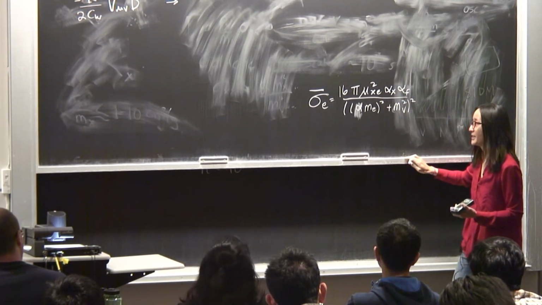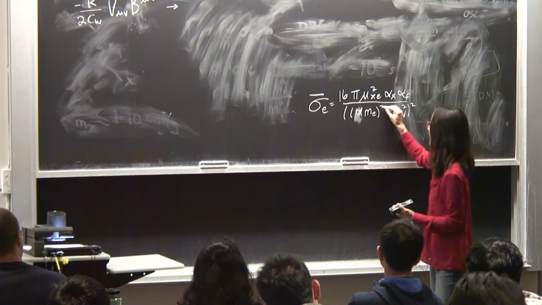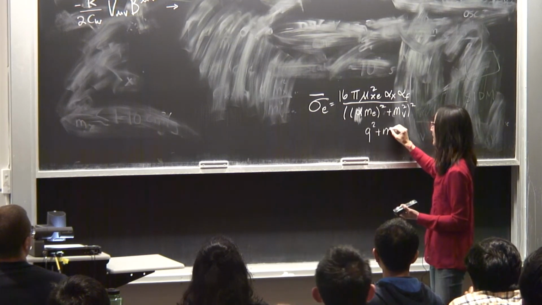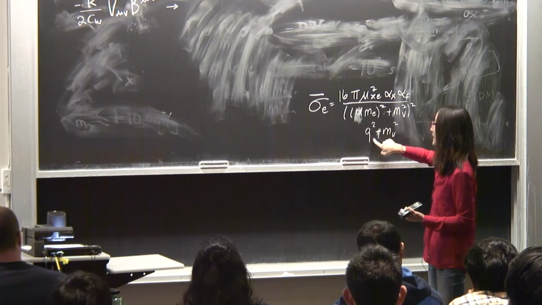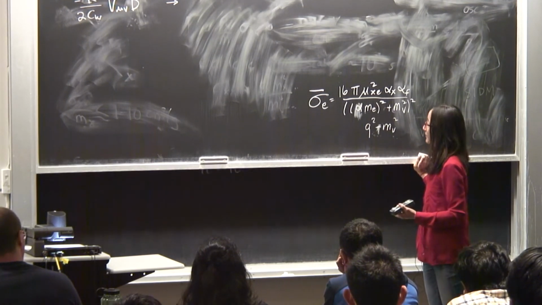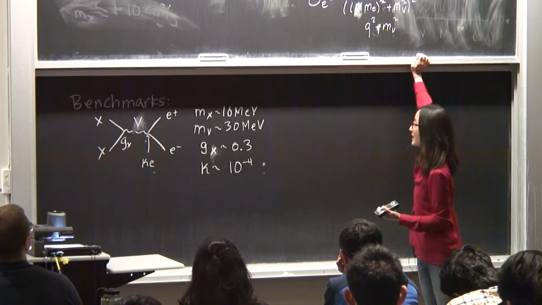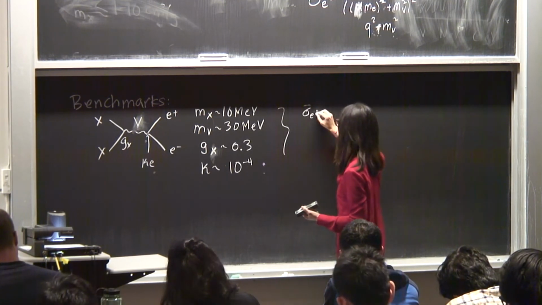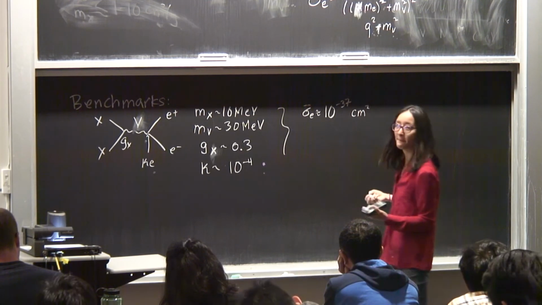So this bottom part of the definition comes from the fact that I'll have some sort of propagator that looks like q squared plus m_V squared, or minus m_V squared. And then I can replace this with a typical momentum transfer. But for the moment, this is the definition of the direct detection cross-section. And I claim if you plug in these numbers, this will be about 10 to the minus 37 centimeters squared.